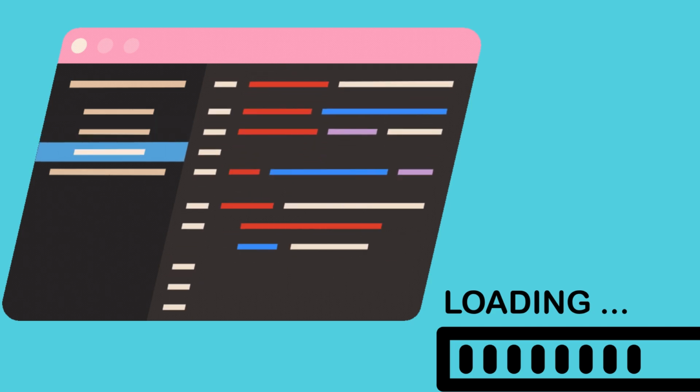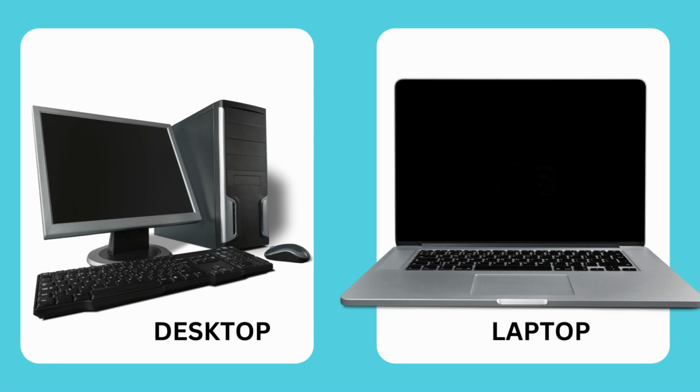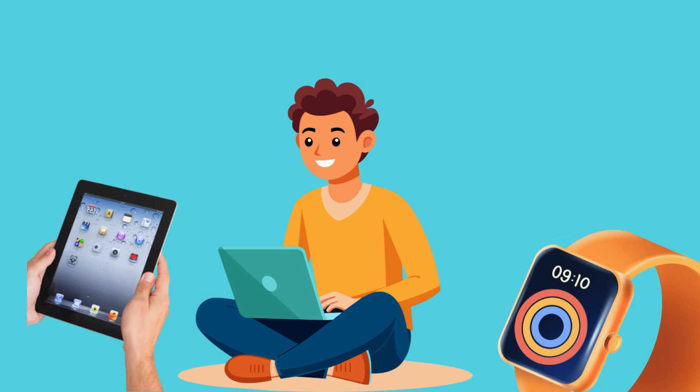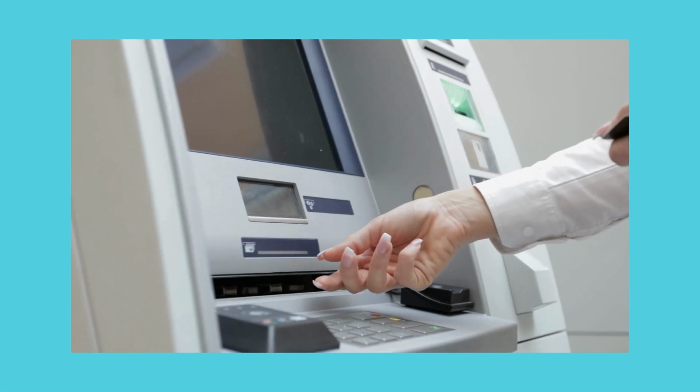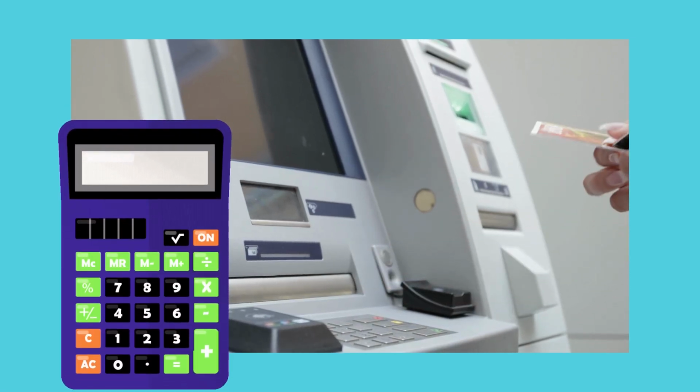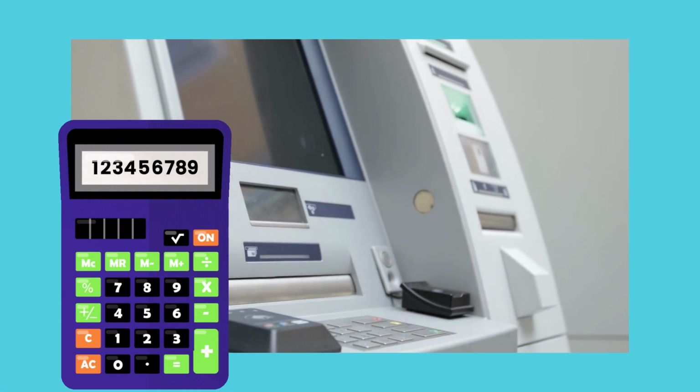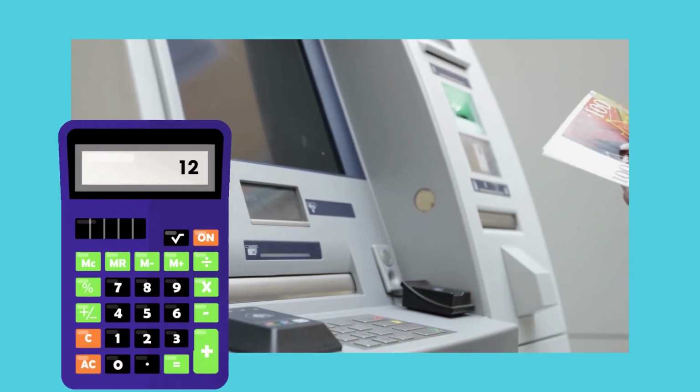When most people hear the word computer, they think of a personal computer such as a desktop or laptop. However, computers come in many shapes and sizes, and they perform many different functions in our daily lives. When you withdraw cash from an ATM or use a calculator, you are using a type of computer.